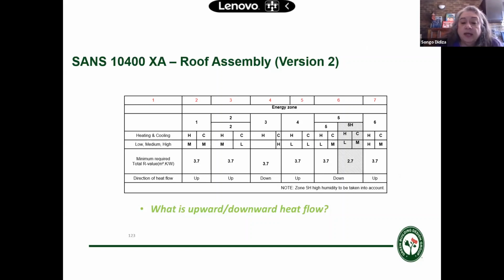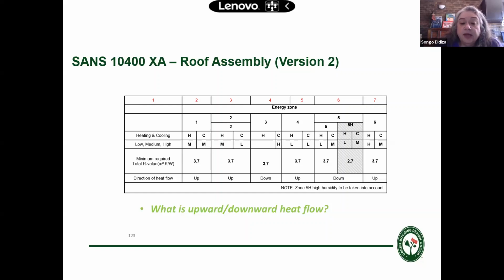So what we've done is we've taken the country and we said, okay, in the high humidity zones, we need an R-value in the ceiling of 2.7, which is not a change from the current 10400XA, but in the rest of the country, we want an R-value of 3.7. And again, it's with this view of not making this a hot box.